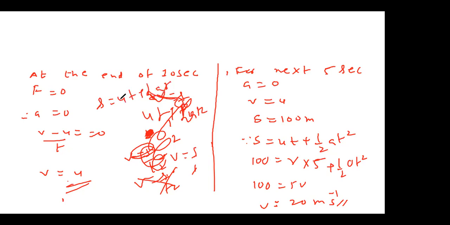Okay, sir, understood. Sir, when did you teach that formula, s equal to ut plus half at square? Second chapter, you have done in school. No, sir, second chapter not done. That's why I don't know this formula, and we also don't know how it is derived. You don't remember the derivation, but you remember the formula.